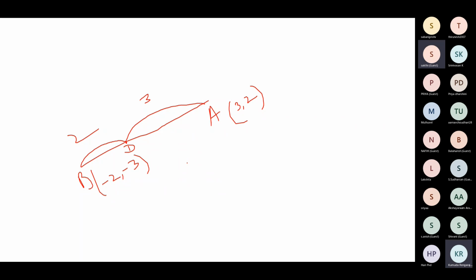Yes, ma'am. By that I'm getting 1,0. Yeah, that's the meaning. If it's given that D, this pole is selected at D, such that it divides the line segment joining B to A, BA, in the ratio 2:3. Strictly speaking, this is the situation. So when you take the ratio like this, what's the answer you're getting for D? 1,0.